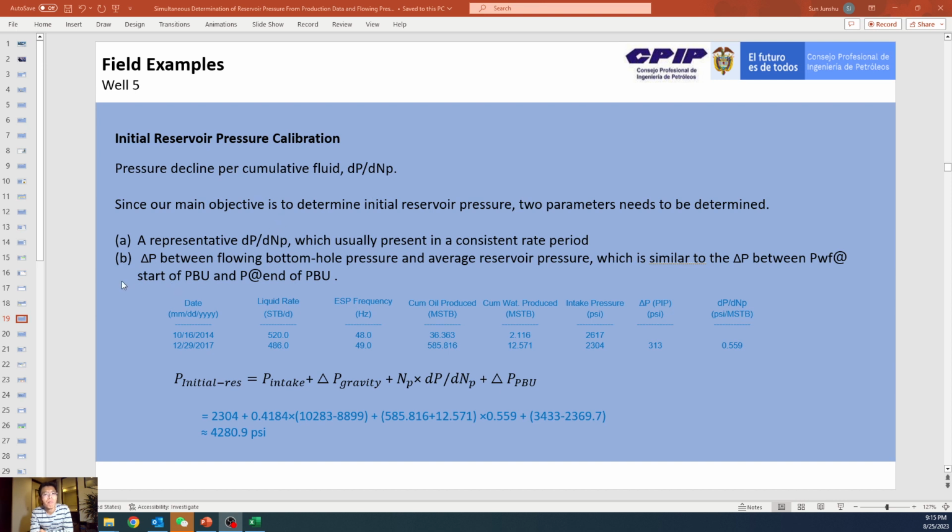Since our main objective is to determine initial reservoir pressure, two parameters need to be determined. The first one is a representative delta P divided by delta Np, which usually appears in a consistent rate period.